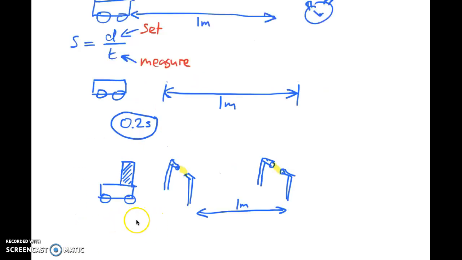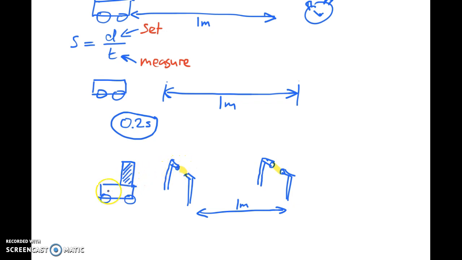One thing we could do is to use what we call light gates to measure the time more accurately. I've shown a sketch diagram here of some light gates. On this side you have a light that shines across, and on the other side you have a detector which detects the light.